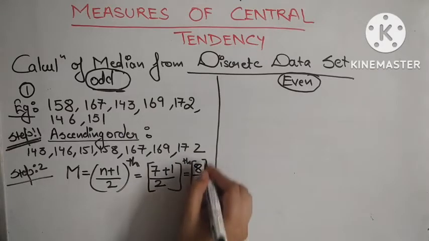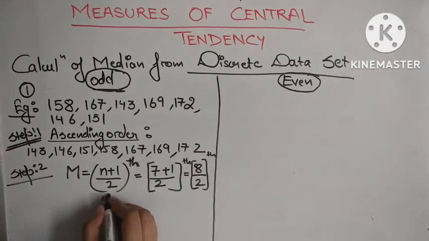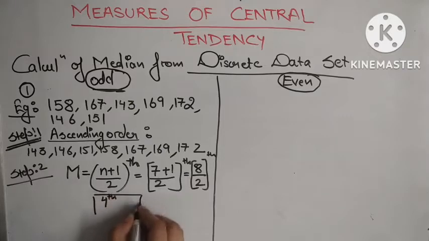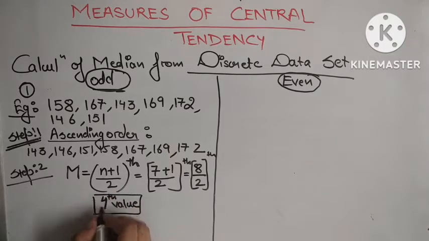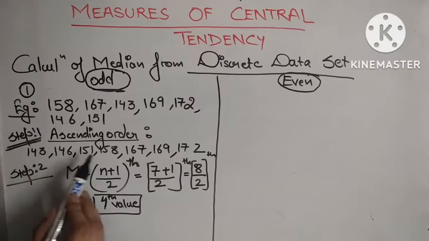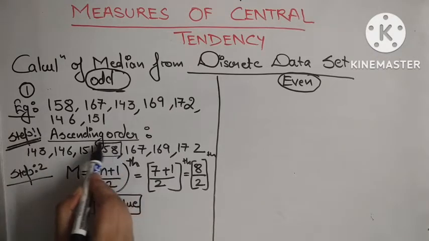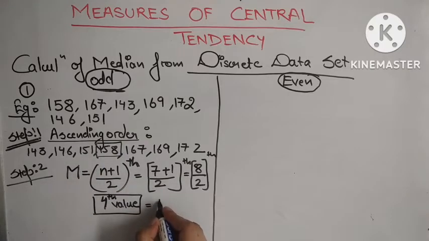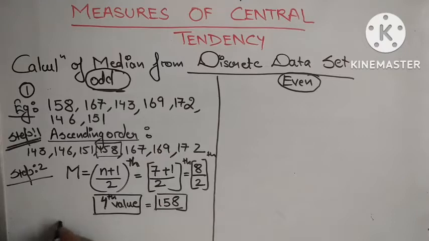It means the fourth value. Make sure 4 is not the median, the fourth value is the median. So let us see which is the fourth value. 1, 2, 3 and 4. So here is the fourth value. The answer is 158, the median of this particular set of values.